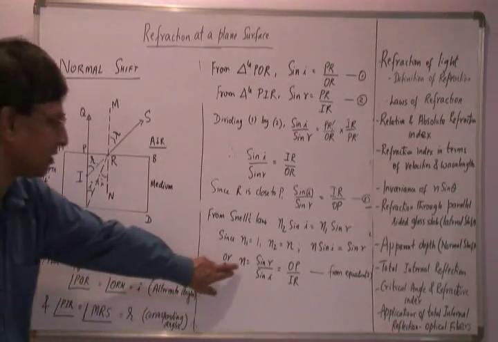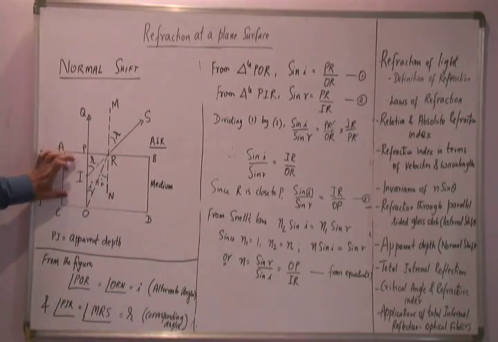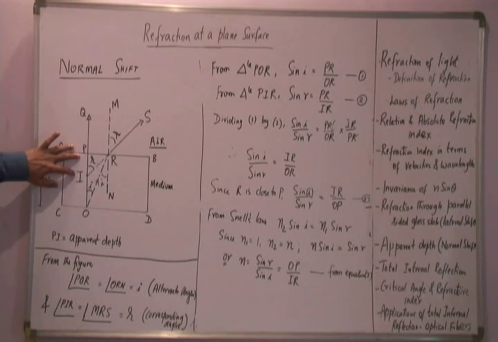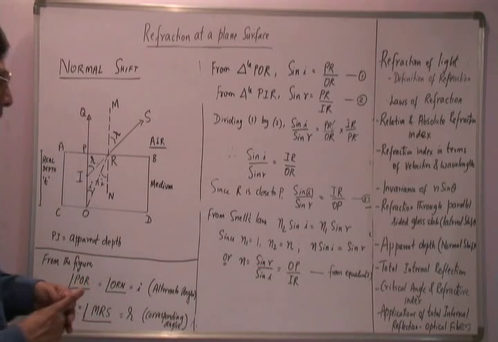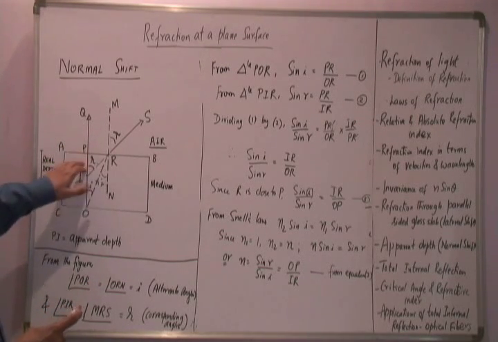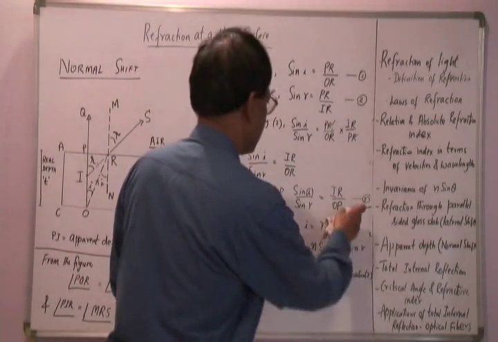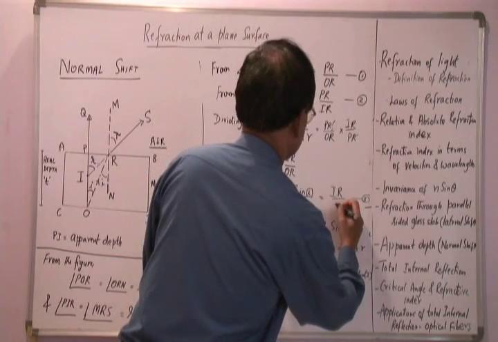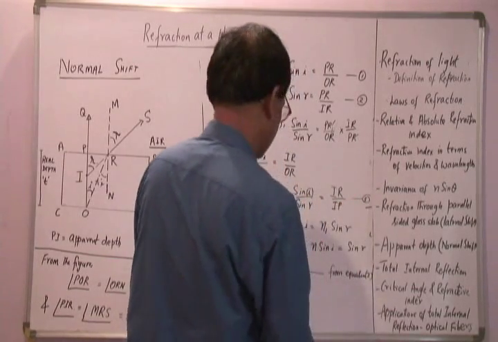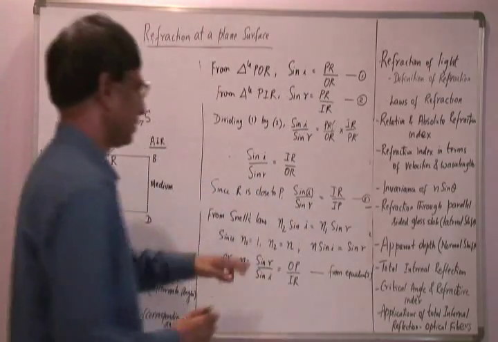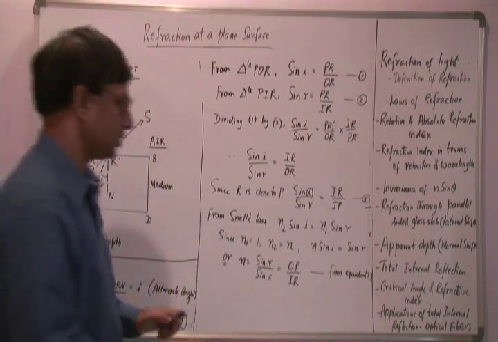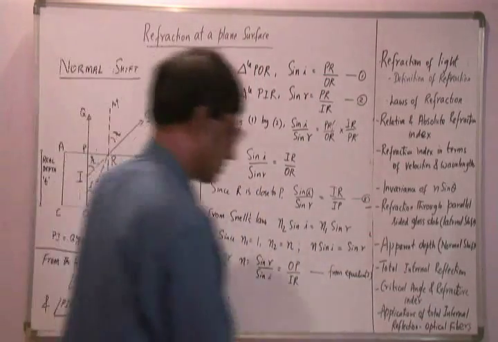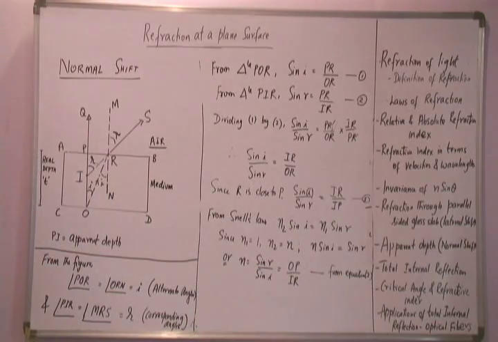This is quite interesting because I find the refractive index in terms of OP by IR. IR is approximated to IP, so I should have had IP here. Sorry about that, let me correct that.